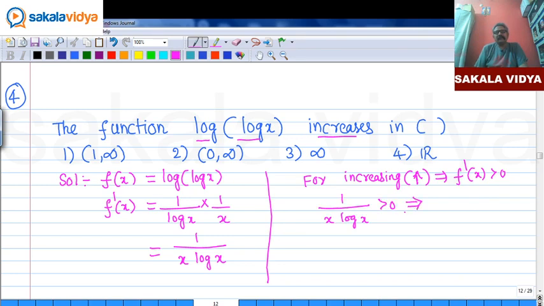That implies, you remember one thing, 1 is positive, positive by positive. So positive by positive you get positive, greater than 0. Obviously, this x log x also must be greater than 0.